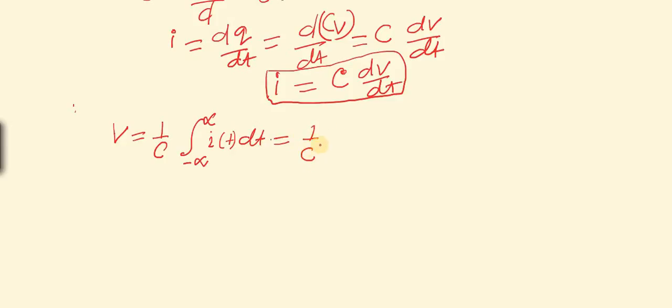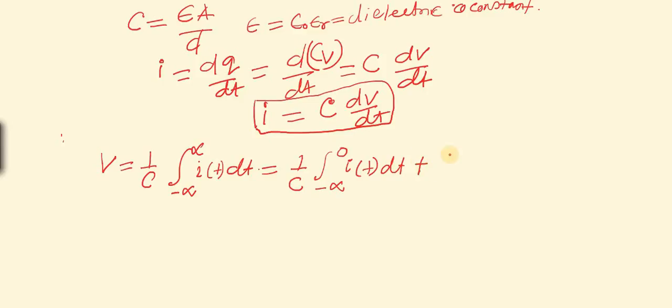We will separate it into two parts as before: minus infinity to 0 of i(t) dt plus 1 by C integration 0 to t of i(t) dt. And this first value is the initial value of voltage across the capacitor.